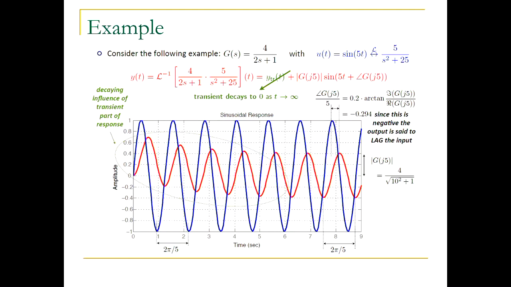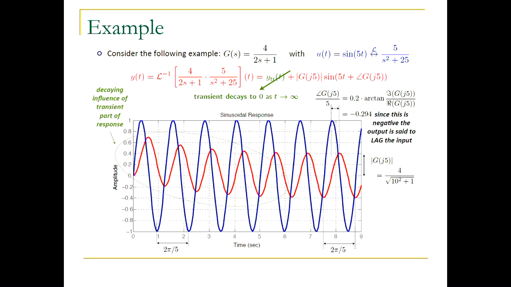So what does the response of the system look like? The blue thing is your input, and the red thing is the output. Note that the output starts, moves for a while, and then settles. From this point onwards, it looks like just a sinusoid.